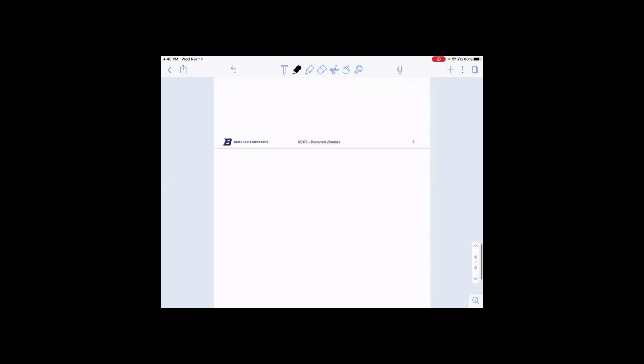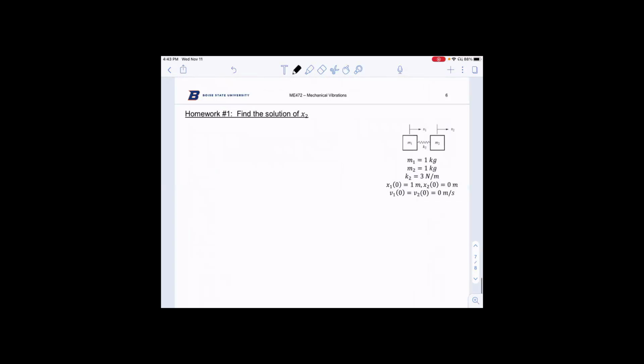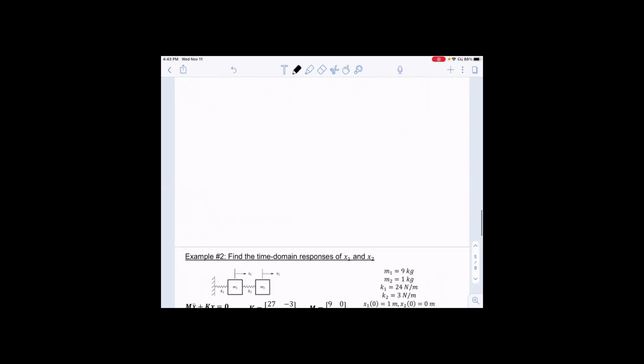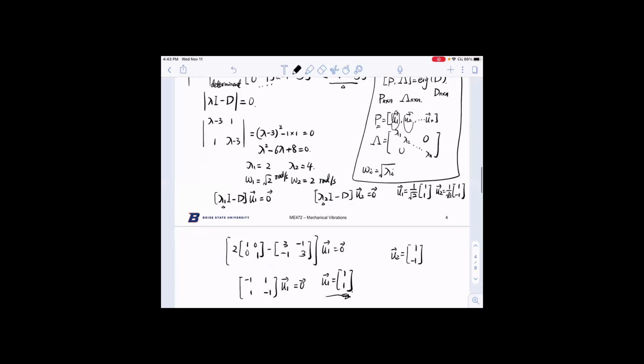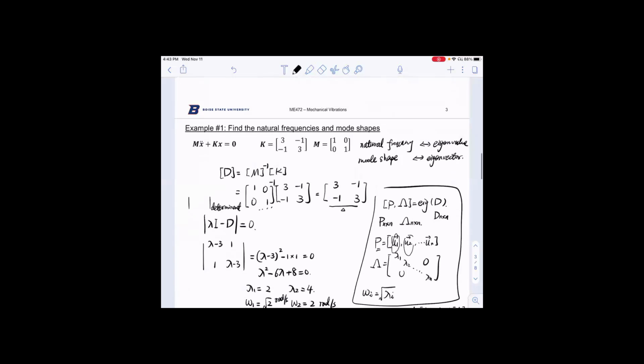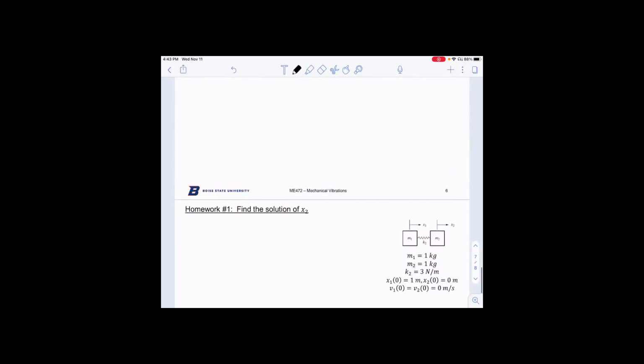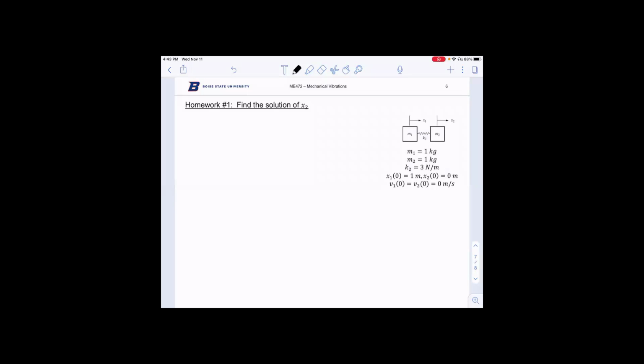All right. So another, more complicated example. Homework number 1. So first of all, let's write out what the equation of motion is.